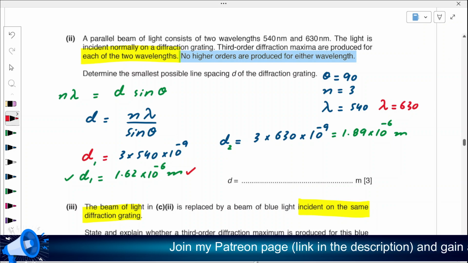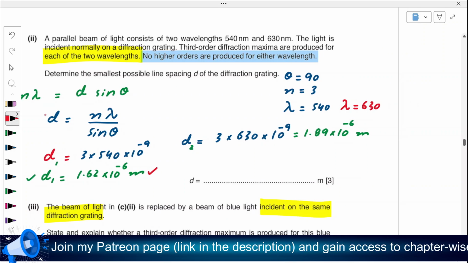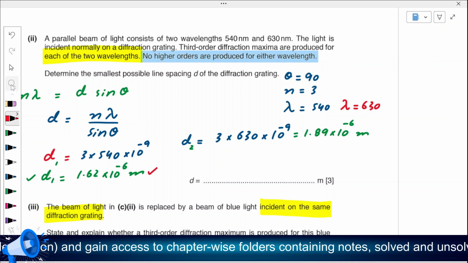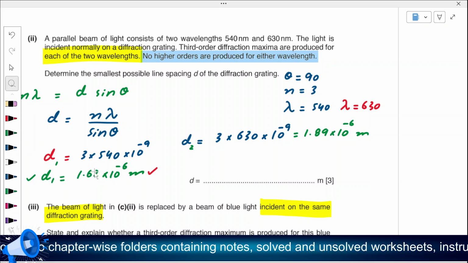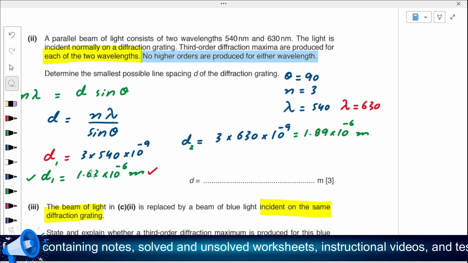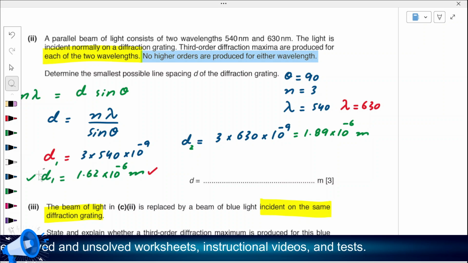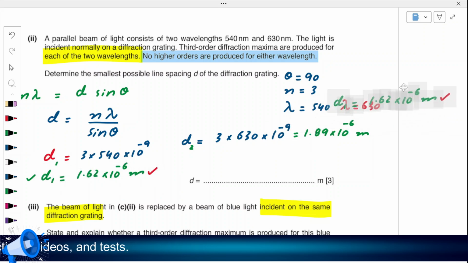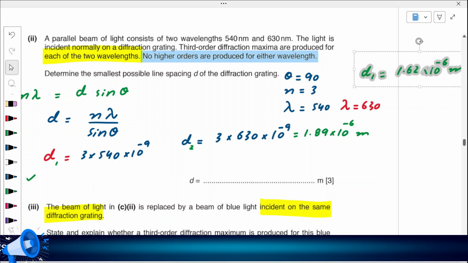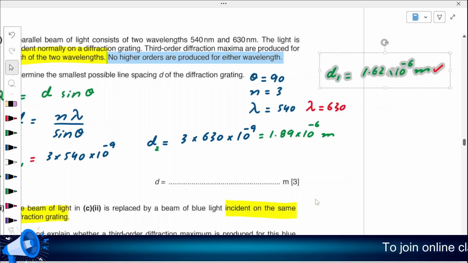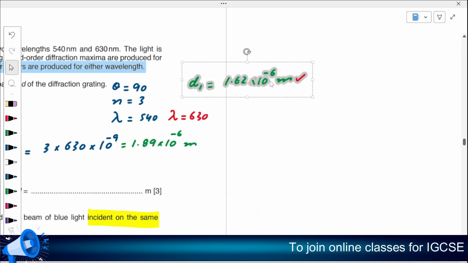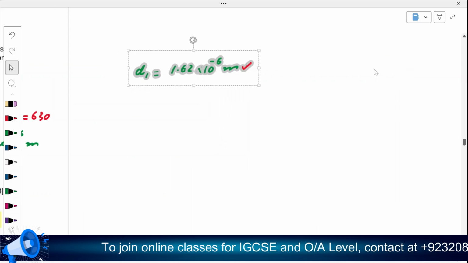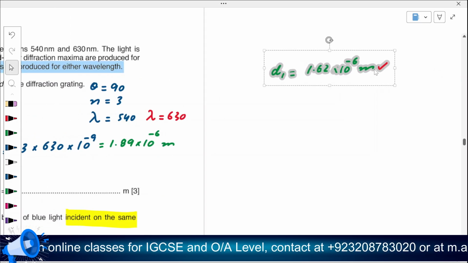So let's check if this value of diffraction grating can produce third order maxima. Let's use this value and we'll try to find out. I'll paste it over here, and the two wavelengths are, by the way, 540 and 630.